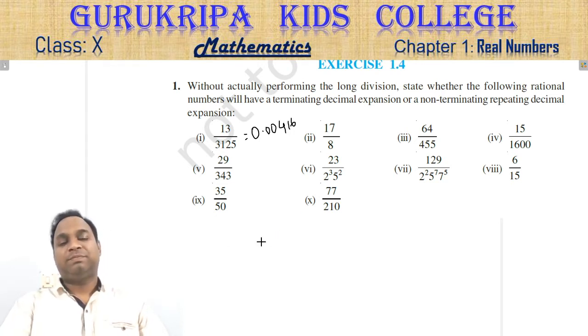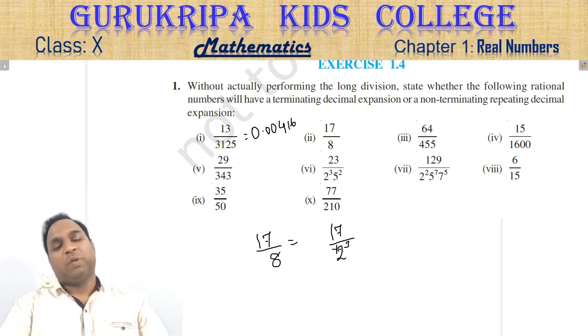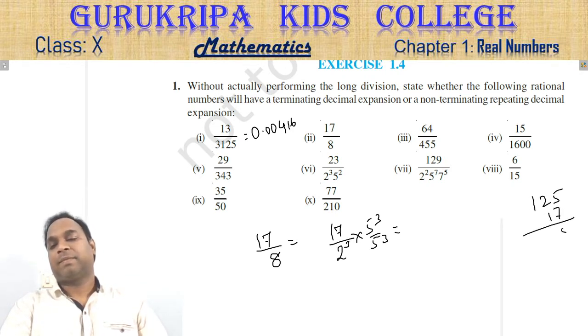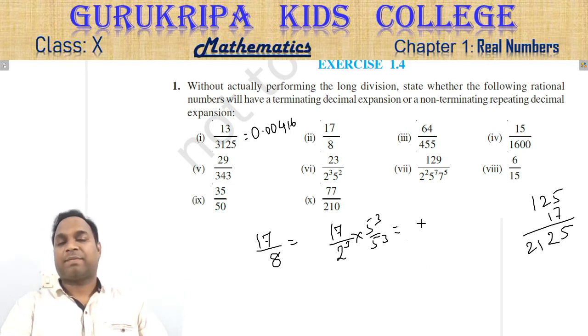Similarly, come to question number 2. 17 divided by 8. This can be written as 17 divided by 2 cube. Yes, it is terminating. Multiply it by 5 cube. What do you get? 125 multiplied by 17, 2125. 2125 divided by 10 cube.